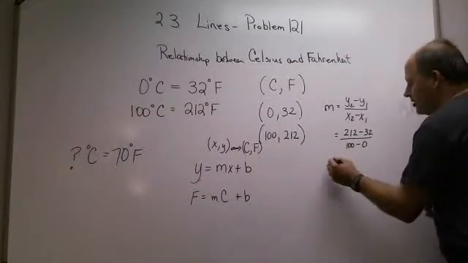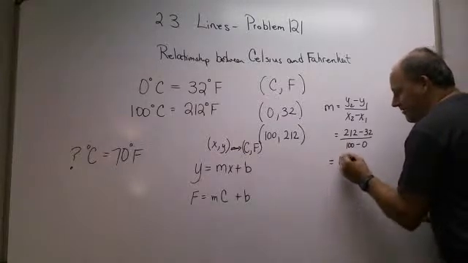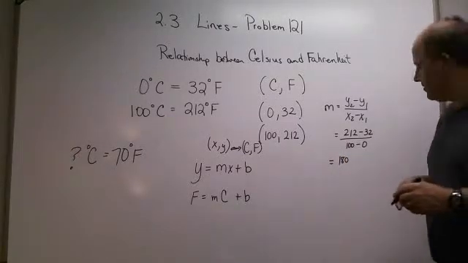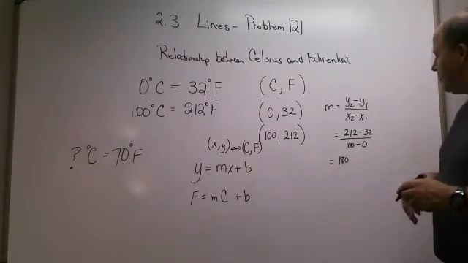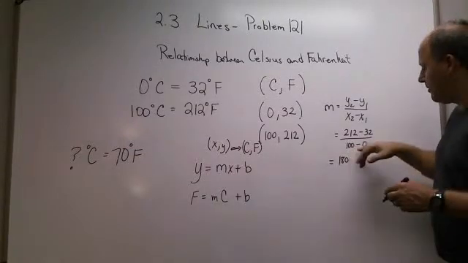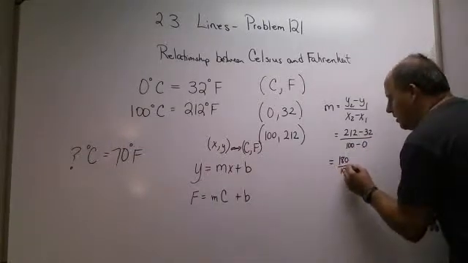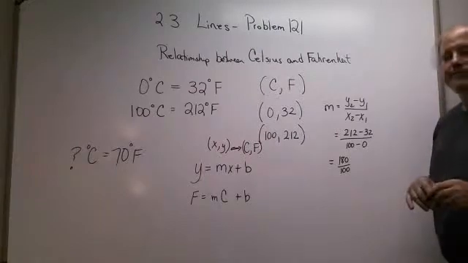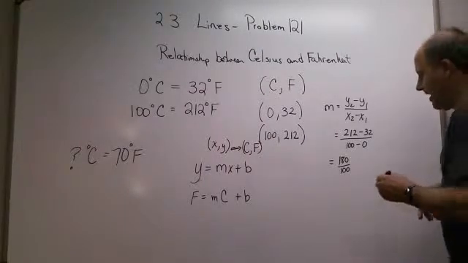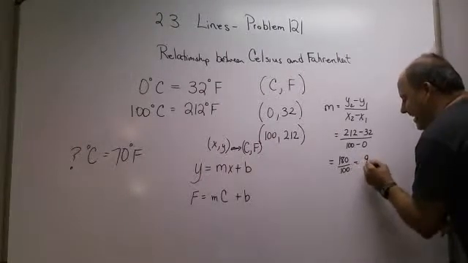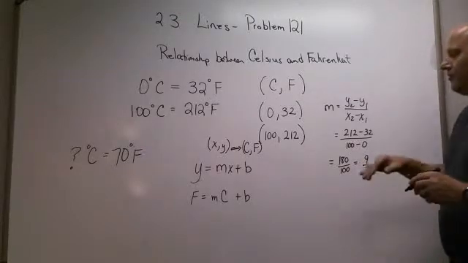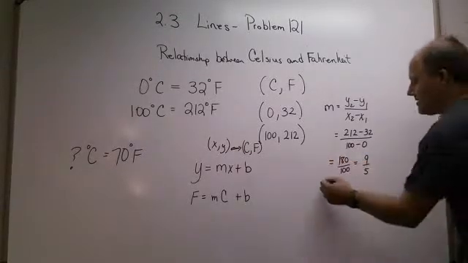And the top actually is 180, I believe. Doing it in my head, 212 minus 32 is 180. And then 100 minus 0 is, of course, 100. If you reduce that down, it turns out to be 9/5. So m is 9/5.